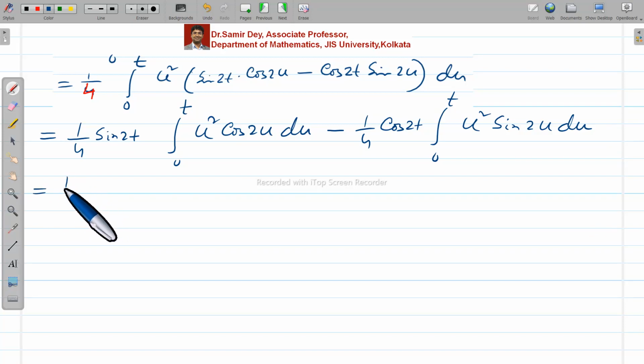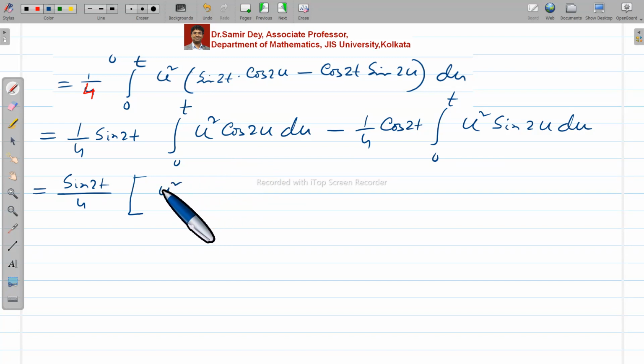By parts. So 1 by 4. So here we may write sine 2t by 4. Simply integration is here, same process, that is your by parts technique.